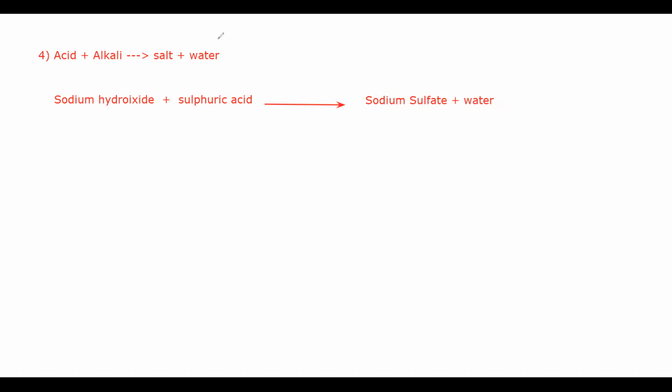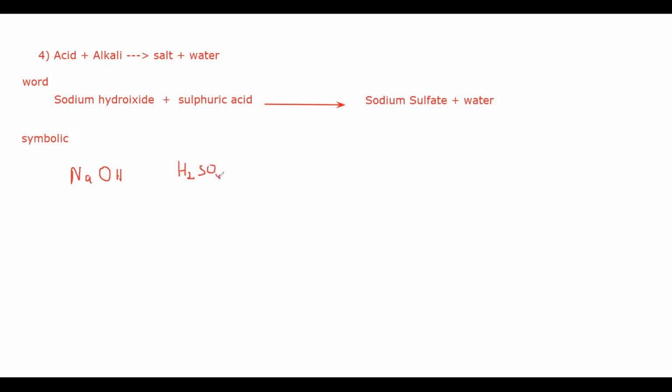If we want to write a symbolic equation, sodium hydroxide is NaOH. Sodium is group 1, so +1, and hydroxide is -1, so that's why NaOH. Sulfuric acid is H2SO4.